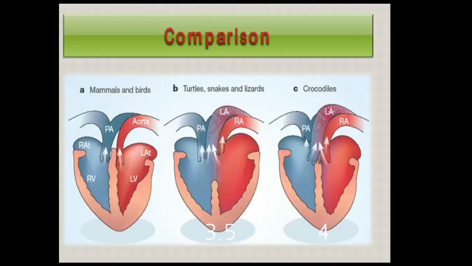If I go for the crocodiles, they have a four chambered heart, as we have seen previously. And the mammals again have a typical four chambered heart, which does not have any kind of crossing over or physiological adaptation, as we have seen in the crocodiles, where there was a foramen between the right systemic and the left systemic.